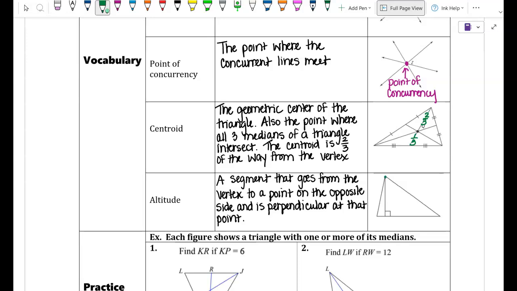So again, in our drawing, the top of the angle there would be considered the vertex. And the right angle there tells us that it is perpendicular.